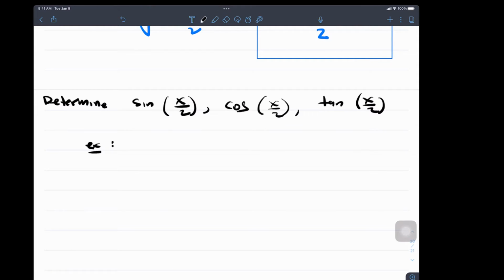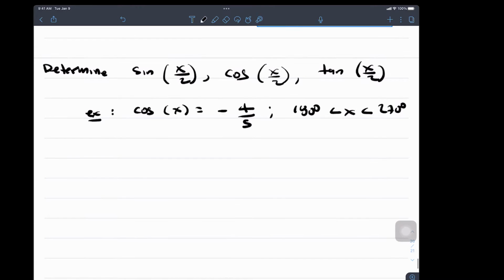Okay, they're going to say now cosine of x equals negative 4/5. And then the angle, they're going to say, is here. Okay, you guys okay with that?